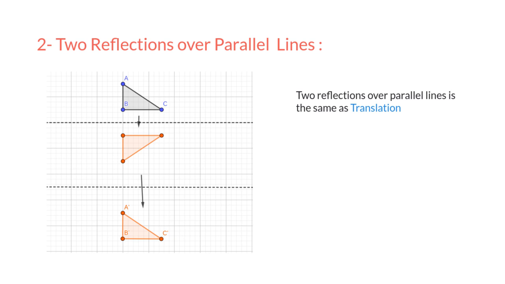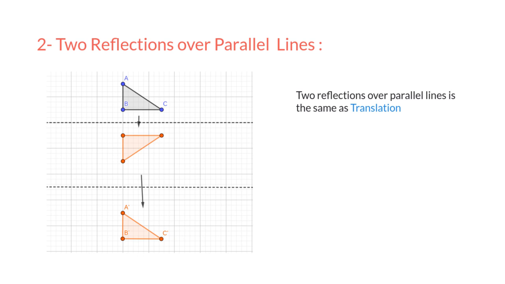If we take ABC and reflect it across this line right here, then this would be our result. So we get this red triangle. And now let's reflect again across this second line in order to get our image A prime, B prime, and C prime.